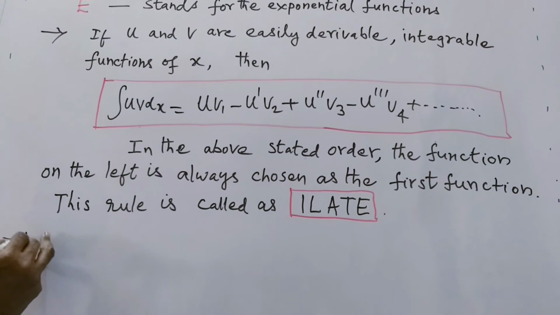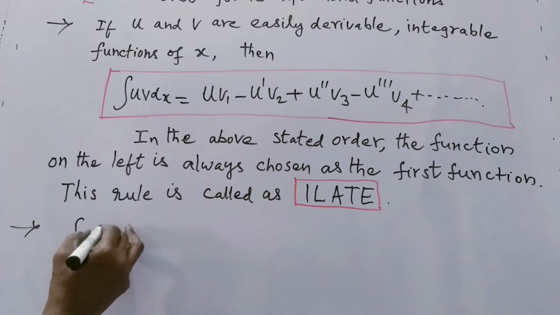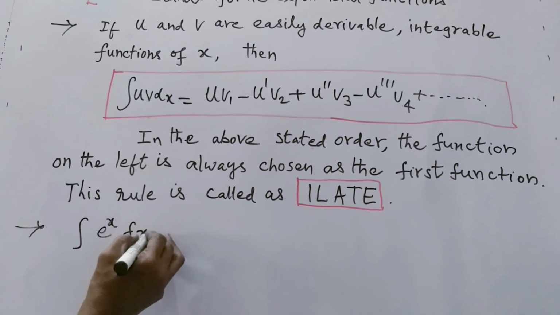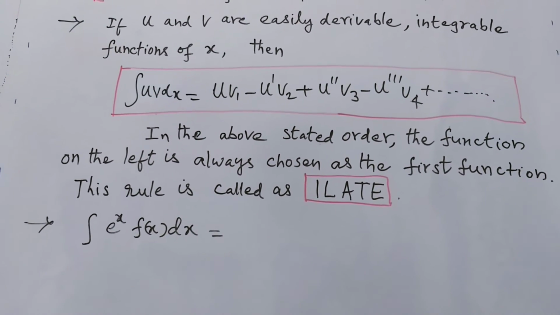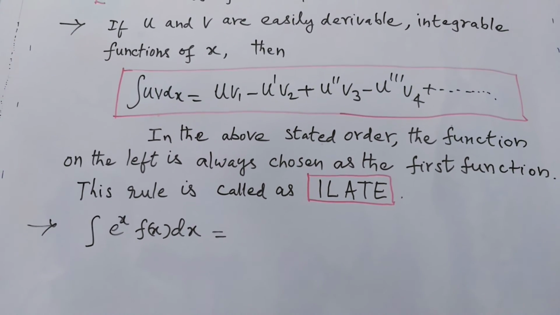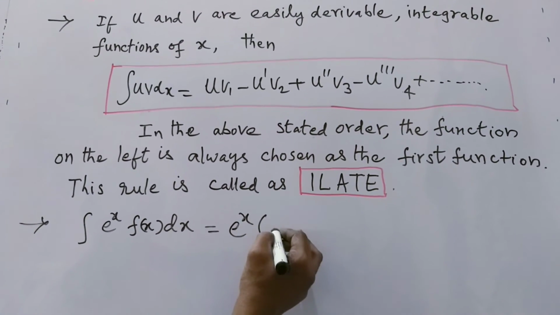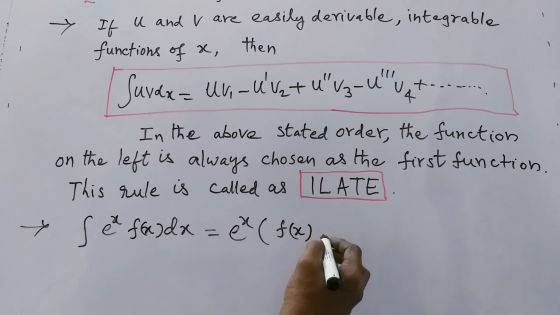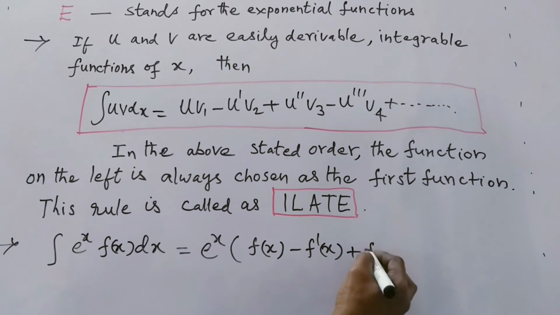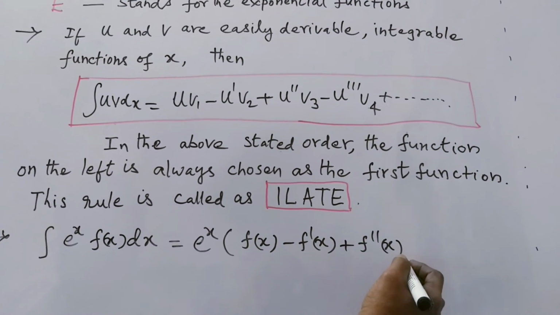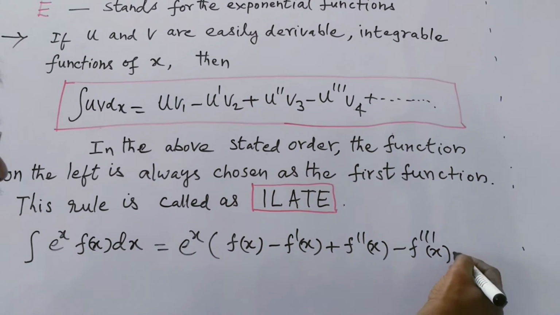Next one more is the integral of e to the power of x into f of x dx is equal to e power x of f of x minus f dash of x plus f double dash of x minus f triple dash of x plus and so on.